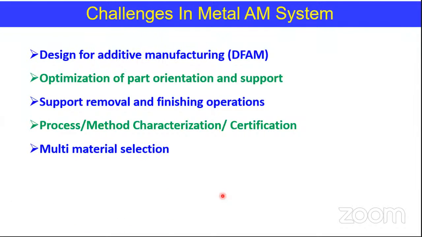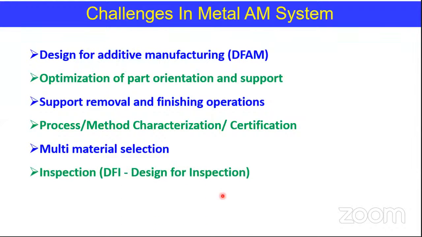And multi-material selection, for example, when we think of functionally graded kinds of composition, then how do we optimize their proportions for a given shape and size of the component. And the inspection, as I said, the part has to be properly designed so that this inspection becomes quite easier and faster.